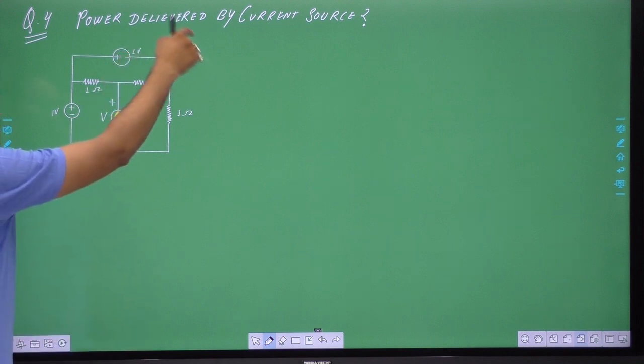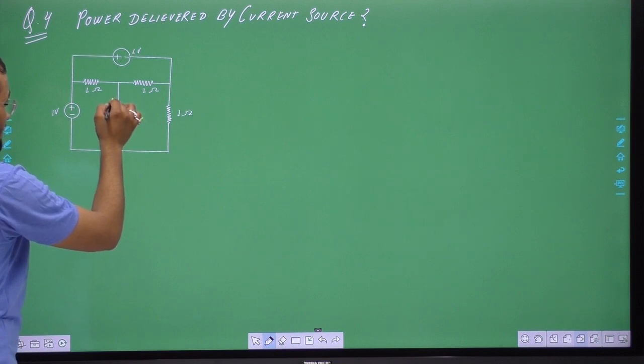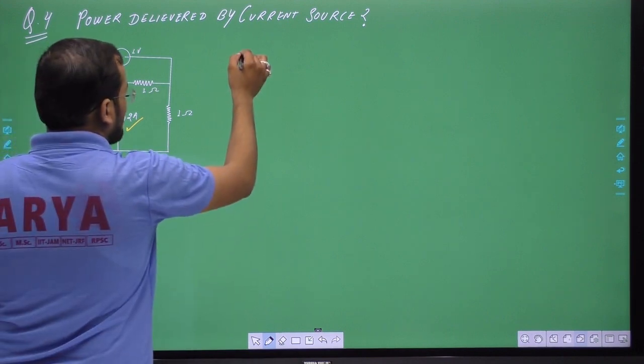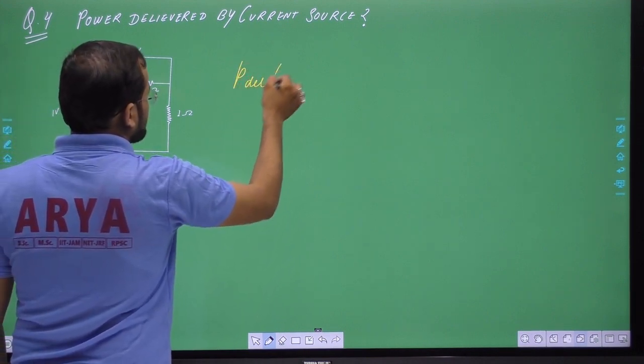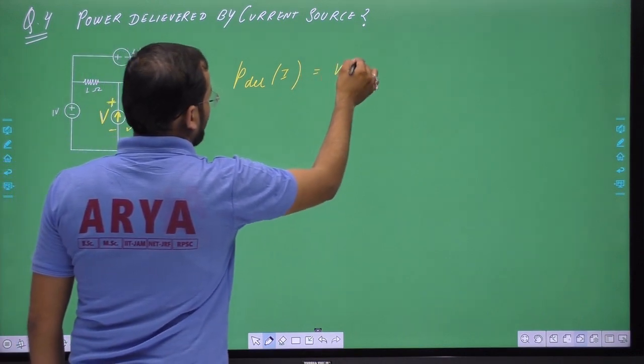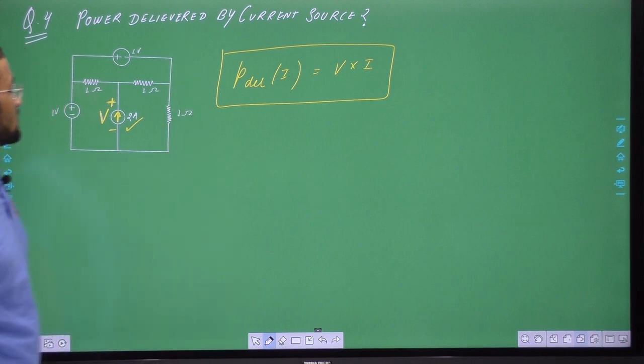To find the power delivered, we have to put a positive sign here and a negative sign here, and we assume the voltage V here. Then we have to find the value of the voltage across this element.